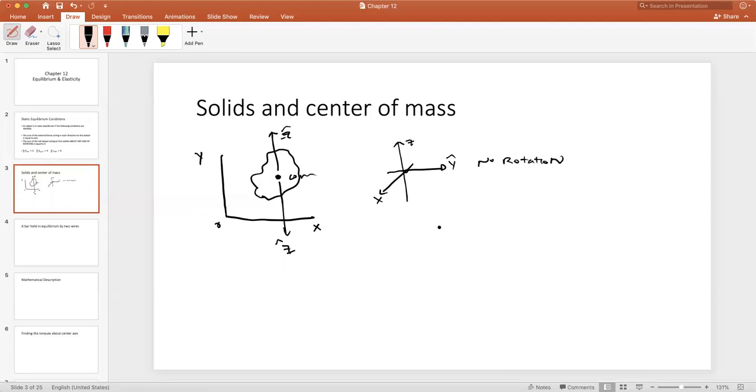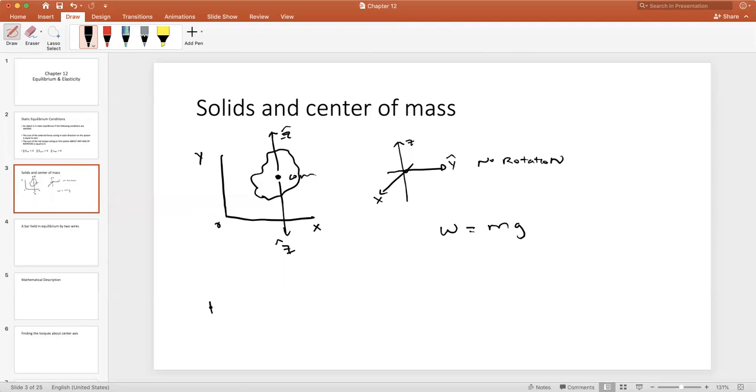And secondly, there's always a weight vector that will be mg coming away from it. So for every piece of mass in the system, we're going to have a weight vector. That's probably the most important thing to remember.